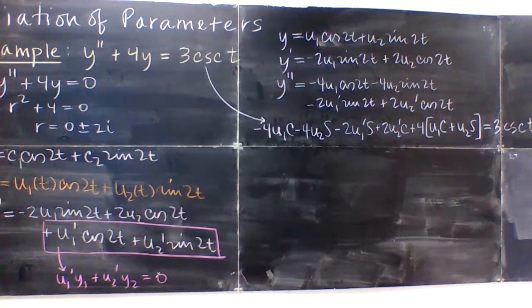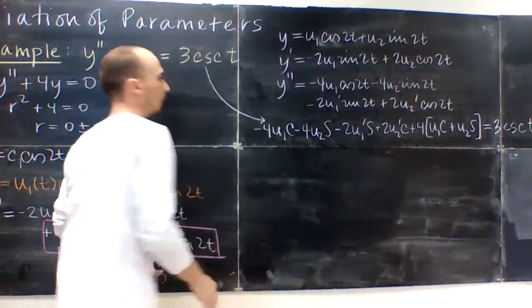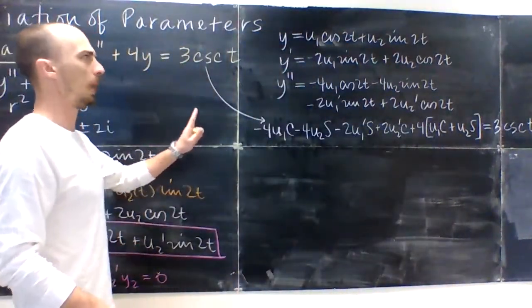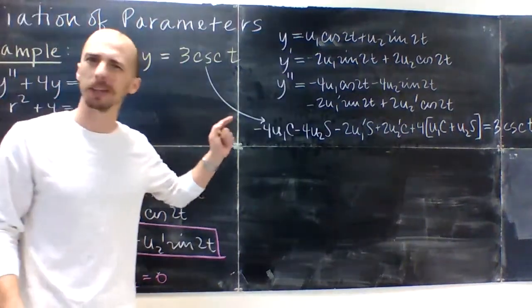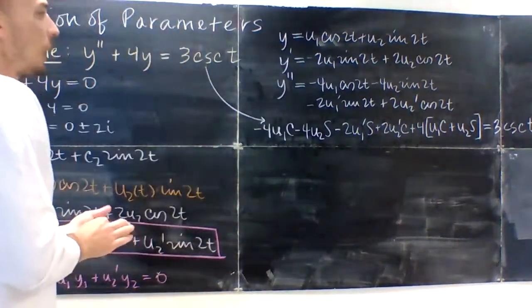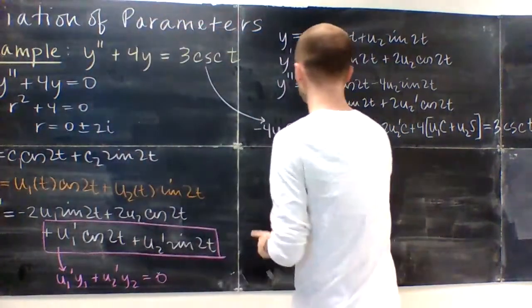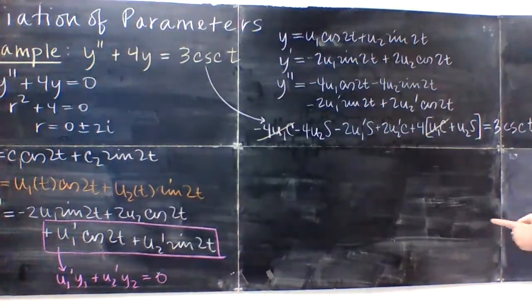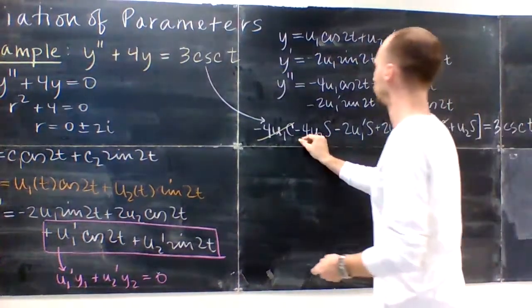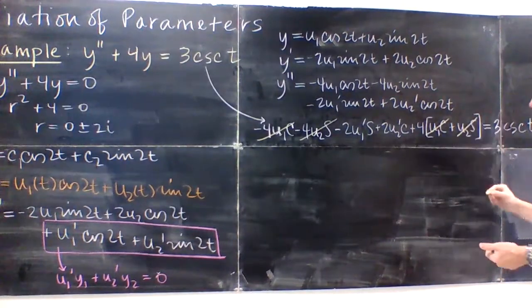Now, some stuff is going to have to cancel here, right? That's basically the consequence of choosing this that way. And the fact that cosine of 2t and sine of 2t are solutions to the homogeneous equation is, I think, what's killing these off. I've got negative 4u1 cosine, and then I'm going to add back 4u1 cosines. Negative 4u2 sine of 2t, positive 4u2 sine of 2t.